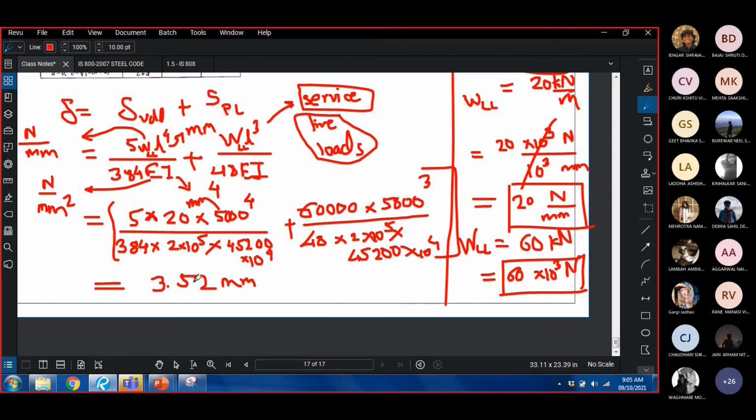Okay, I double checked it. We are getting the same value. So this is 3.528, so 3.53 mm.